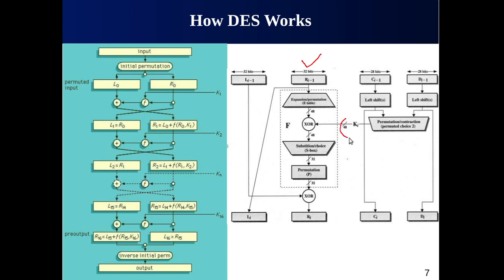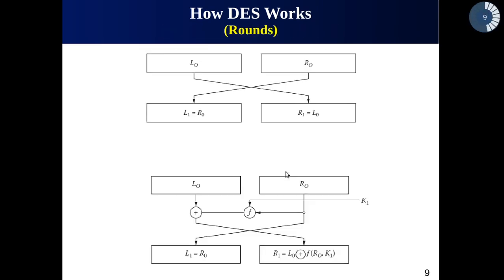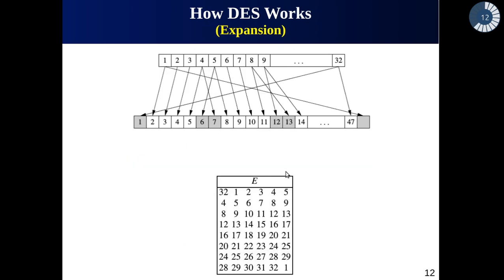What is the size of the key? 48-bit. So they need to be compatible. Either we make it 32-bit or we make it 48-bit. So what we are doing here is converting this 32 bits into 48 bits. How is that possible? That is possible with the help of the expansion or E table. So let us see what the E table is and how it converts the 32 bits into 48 bits.